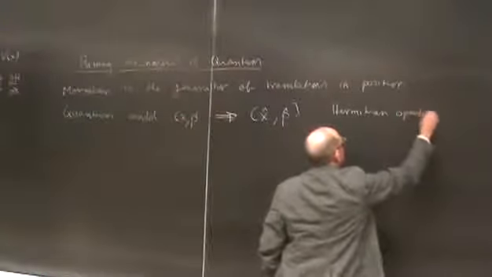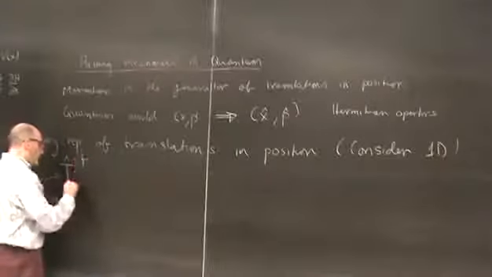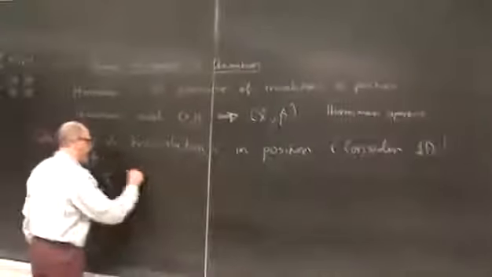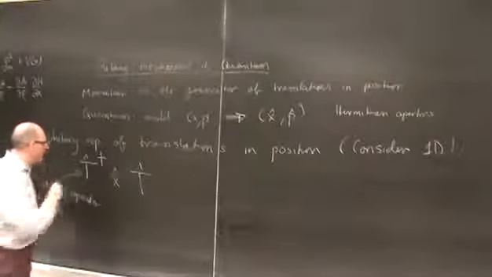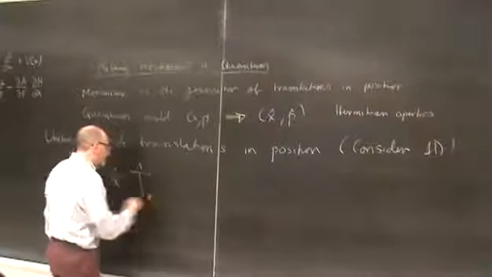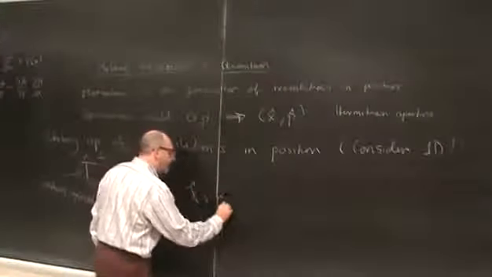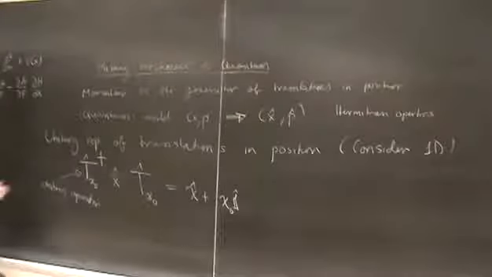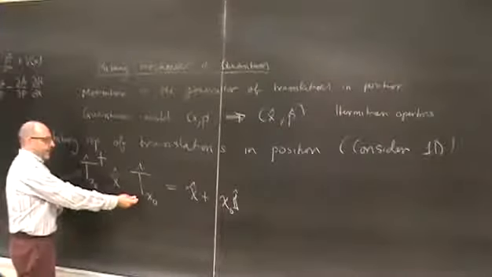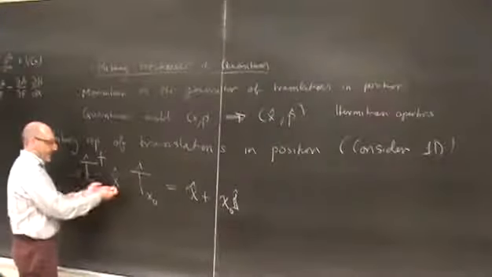To say that it is a representation of translations in position, it says that if I do a unitary transformation on the position operator, where this is an element of the group, and I translate by some amount, then what I should get is x hat plus x0 times the identity, but we typically just write it that way. So on this side, I do a unitary transformation on the position operator, and its action is to translate position by that amount. Okay, so that's what we want.